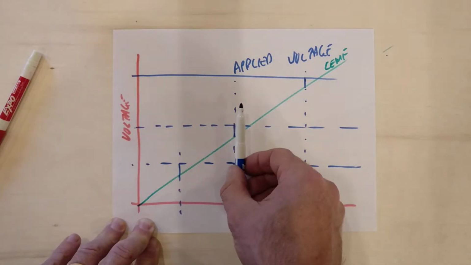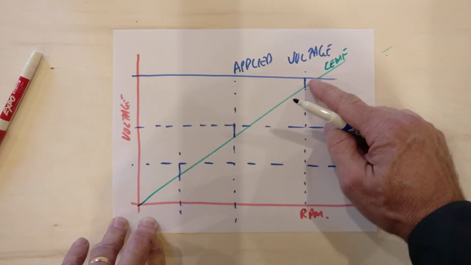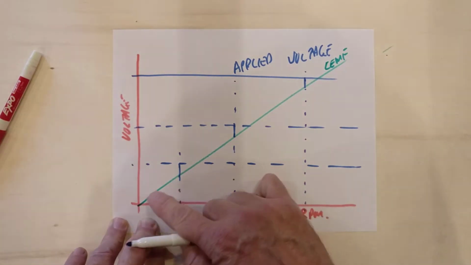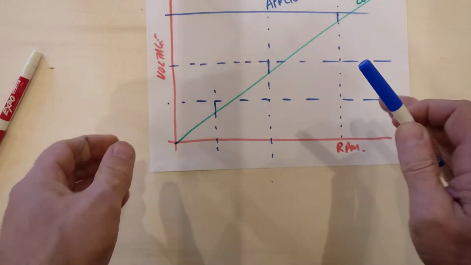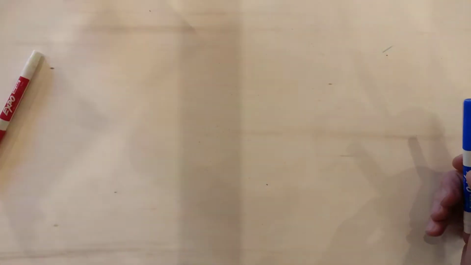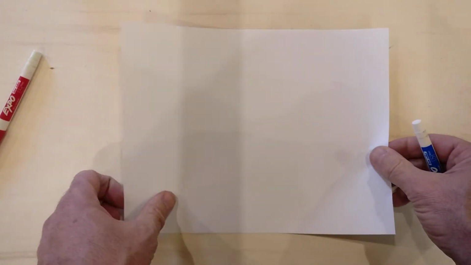It will always want to run at some point close to where the motor's counter EMF is equal to the motor's applied voltage.